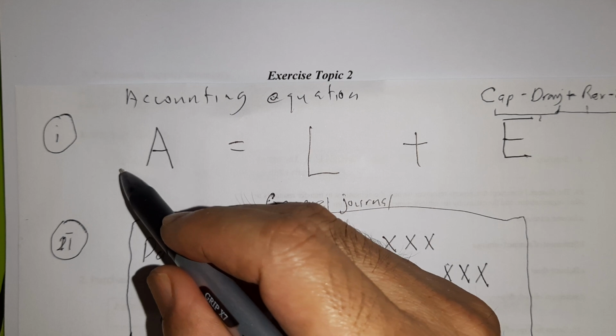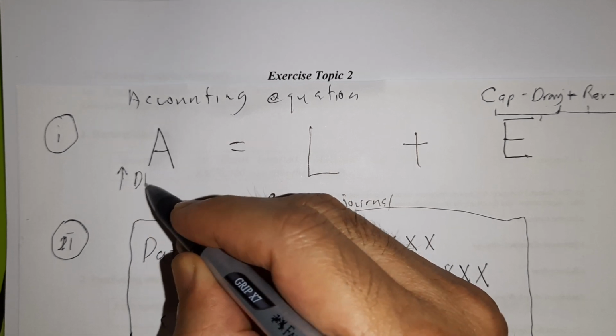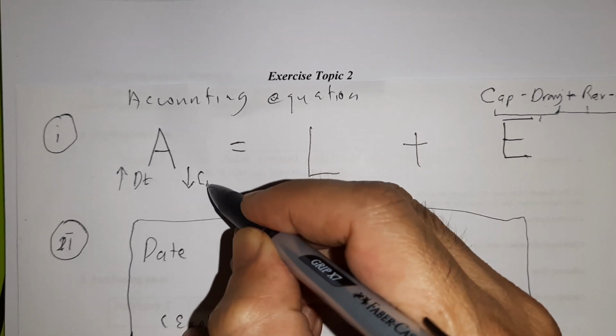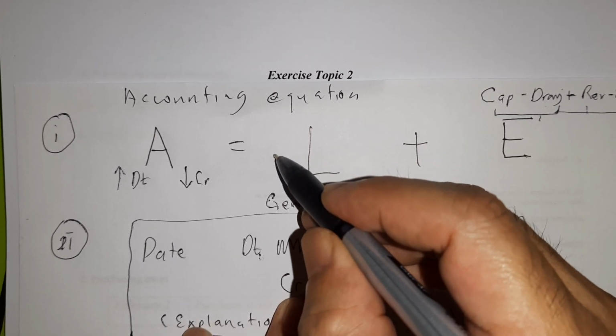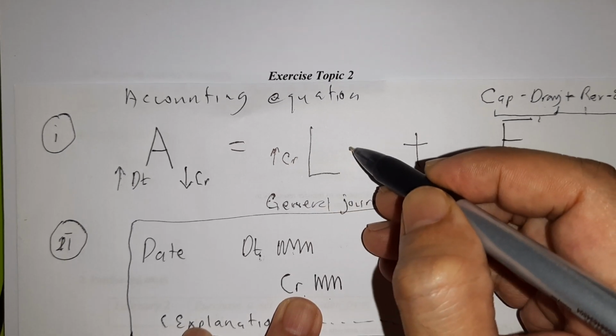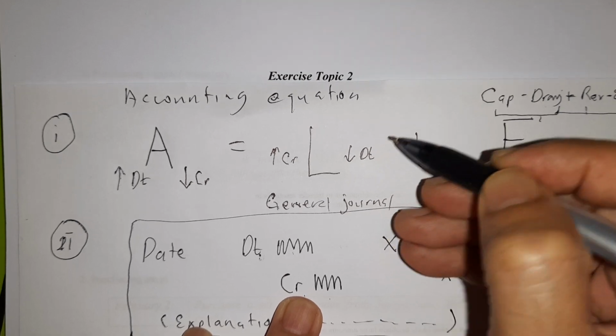If there is an increase in asset, you have to debit the asset account. If there is a decrease in asset, you have to credit the asset account. For the liability, if there is an increase in liability, you have to credit the liability account. If there is a decrease in liability, you have to debit the liability account.